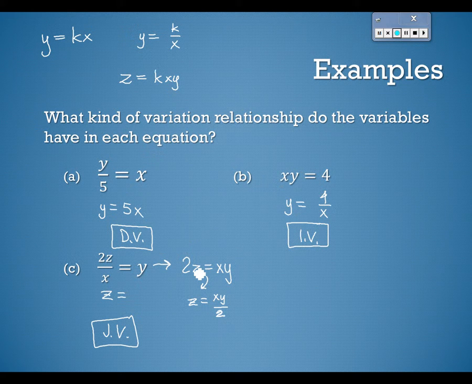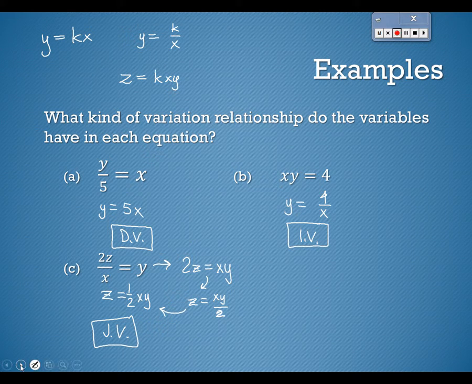Is that good then? Actually, it's okay, isn't it? Because what's k? Isn't dividing by 2 the same as multiplying by half? So in fact, we can re-express the equation given as z equals 1/2 times xy. So we can actually make it look that way. So far, so good?